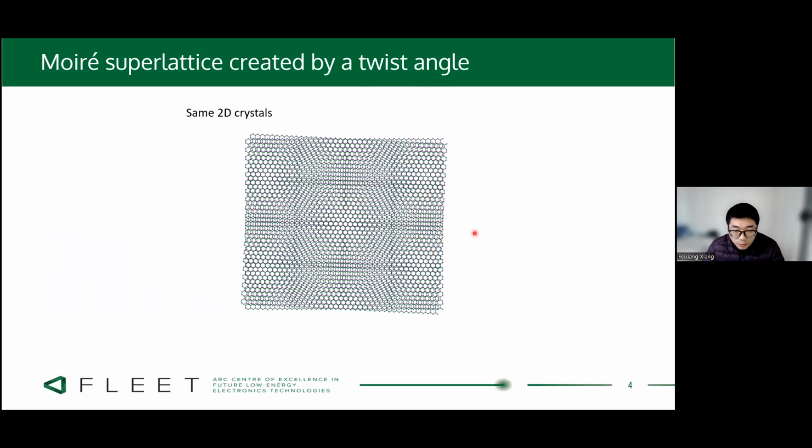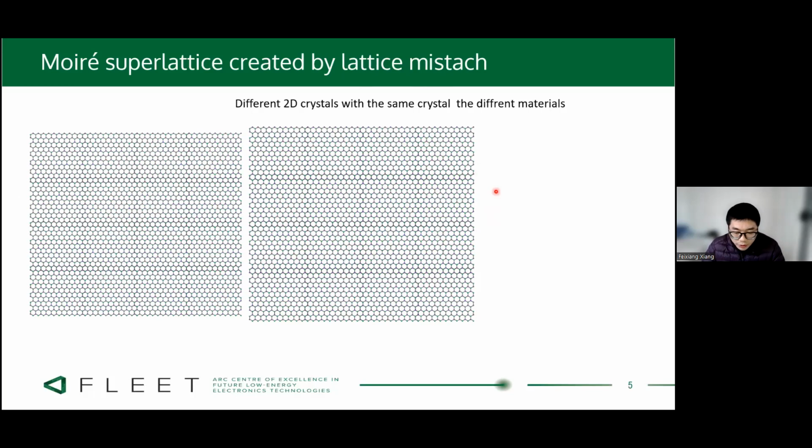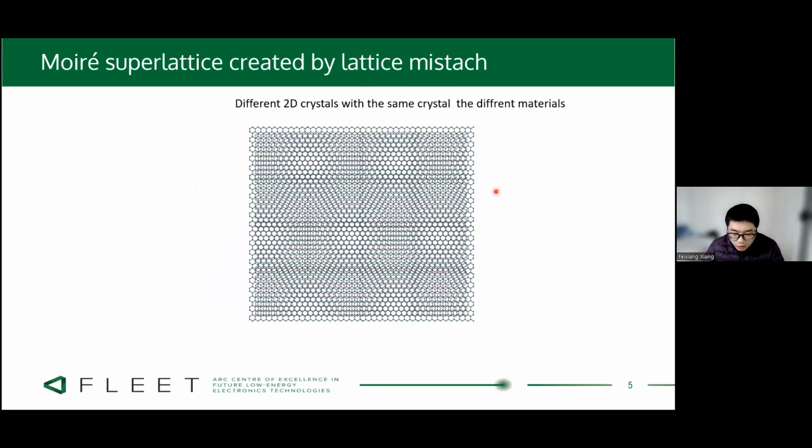And the moiré pattern shows a very long periodicity, and can modify the band structure. Alternatively, a moiré superlattice can be created by stacking two different 2D materials with the same crystal structure but with a slightly different lattice constant. The periodicity of the moiré superlattice in this case can be further tuned by the twist angle.